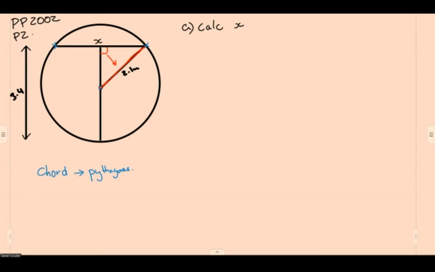Now we're going to calculate x, which is that full distance from side to side. What we've got information-wise is enough to find out another side of that right angle triangle. So we're going to ignore the full length of x and only focus on half of the chord.